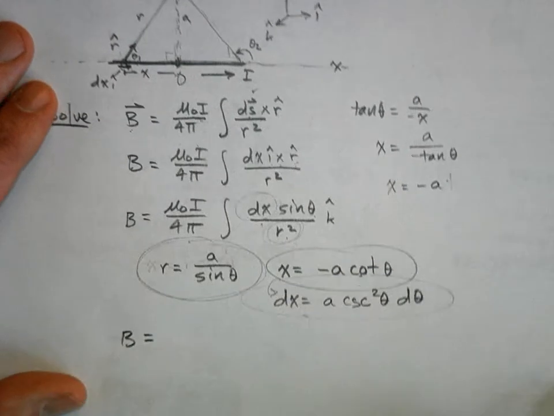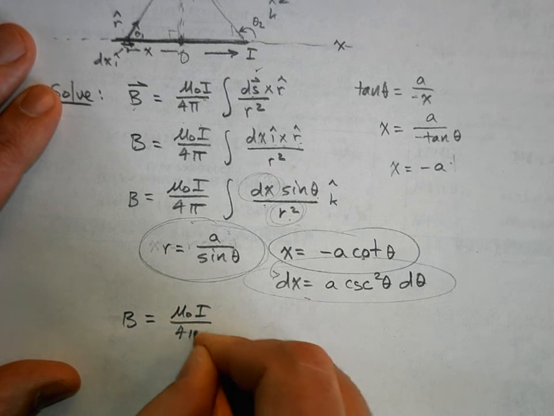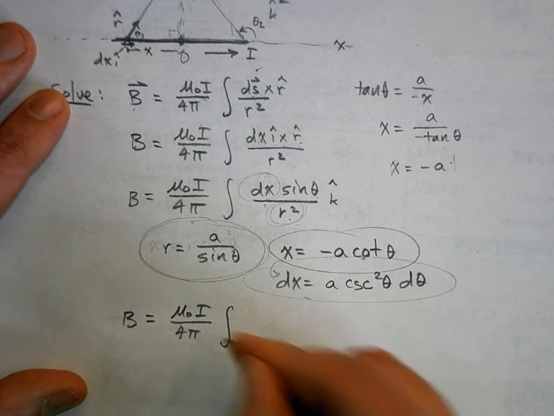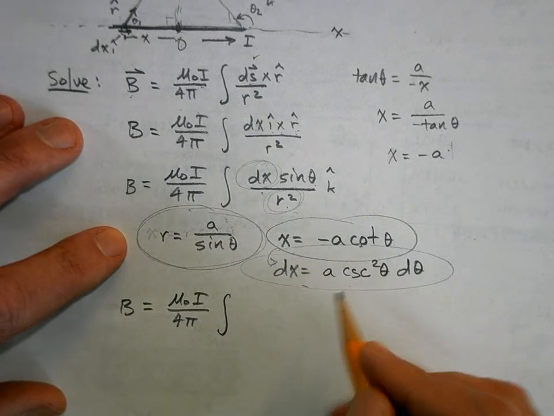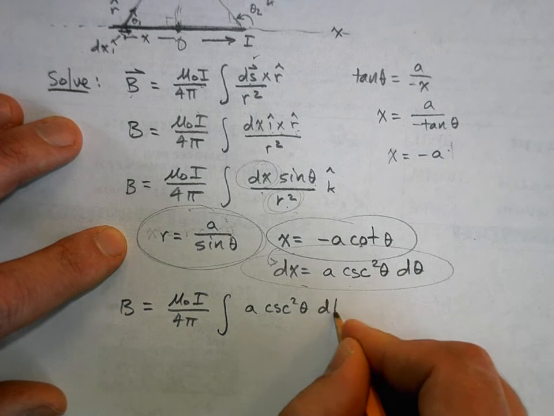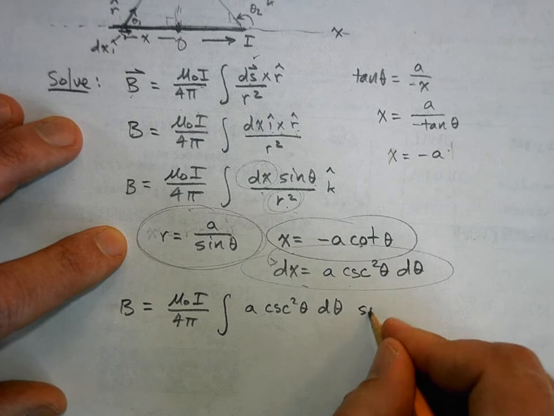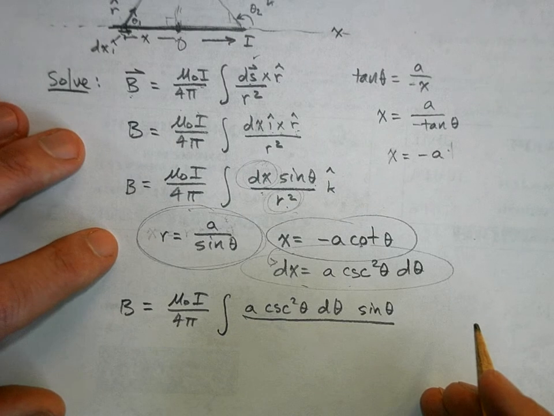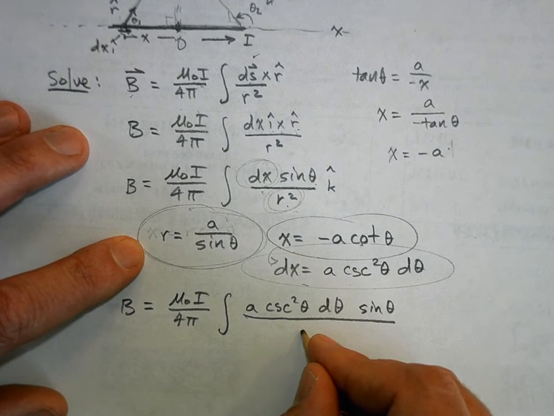Now, if I replace r with this and dx with this, I get B is equal to mu naught I over 4 pi, and this is going to be worth doing. dx is a cosecant squared theta d theta. Then we have sine theta still over here, over r squared.